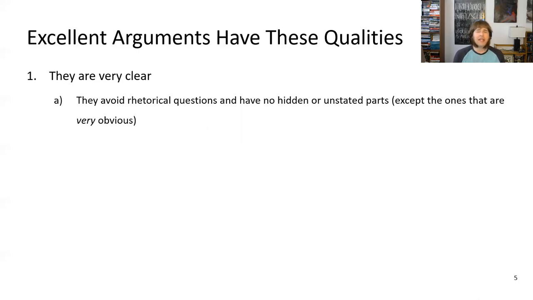Also, don't have any hidden or unstated parts in your arguments, except parts that are very obvious. Now, if you read through the brief introduction to philosophical argumentation, I talk, or write, I guess, more at length about this. But a hidden or unstated part of an argument generally is something that somebody doesn't think is worth saying, but is required to really make the reasoning work.